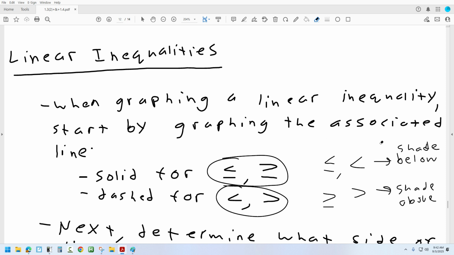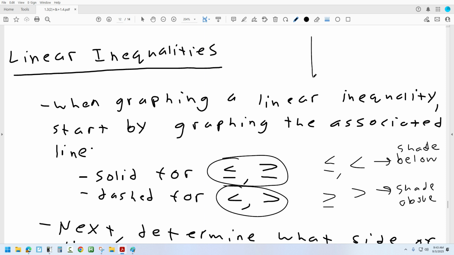Now, the only case where that doesn't really work is a vertical line. If you draw a vertical line, there is no above and below. So if you had a vertical line and I had a less than symbol, which side of the vertical line do you think you would shade on? Which side?